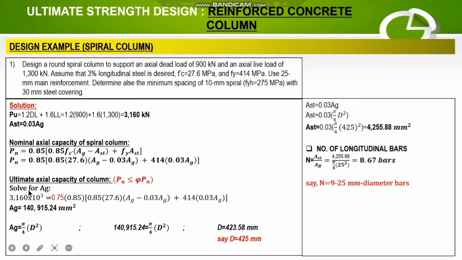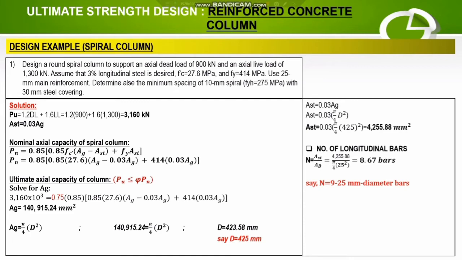So we need to solve for the gross concrete area of the column, Ag. We substitute the value of our PU, 3,160 times 10 to the cube, converting the 3,160 kilonewtons to newtons to have consistency of units.